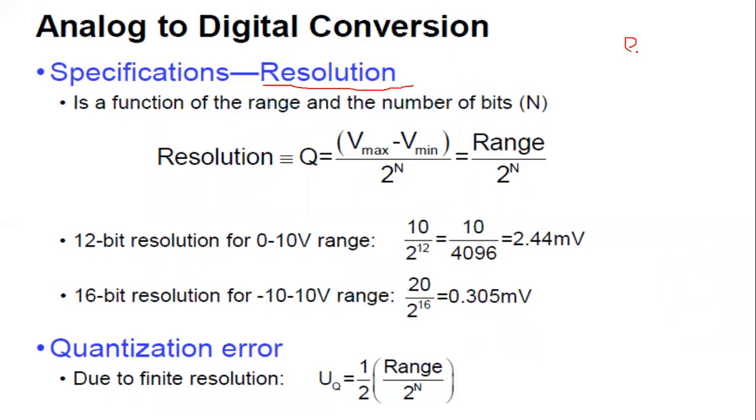Suppose 8 bits: 2 power 8 combinations will be obtained, from eight zeros to 00000001 and so on. For the code of eight zeros, how much voltage is required, and for 00000001, how much voltage is required? That is the equivalent voltage in the analog signal, and it will be calculated by using the resolution.